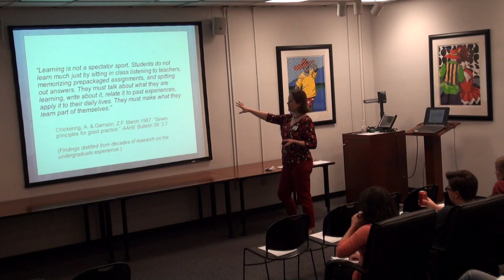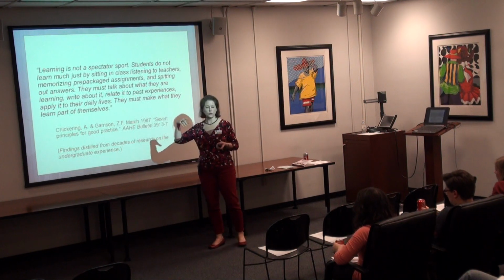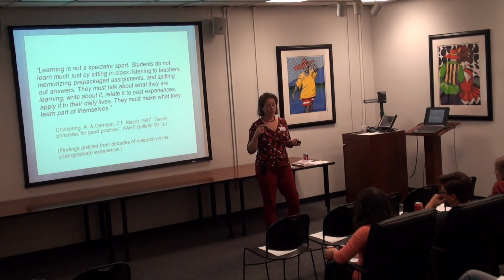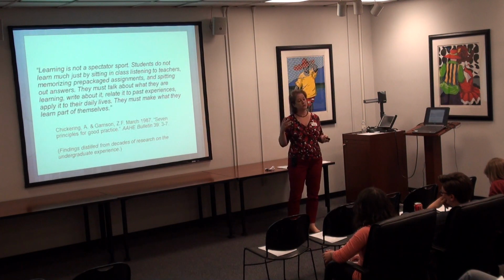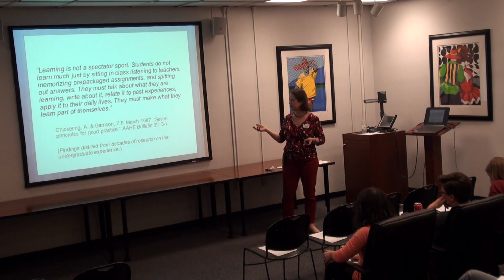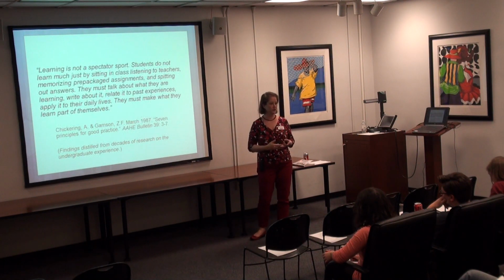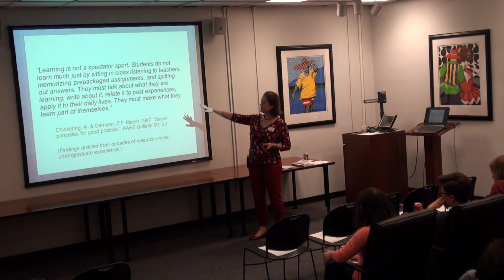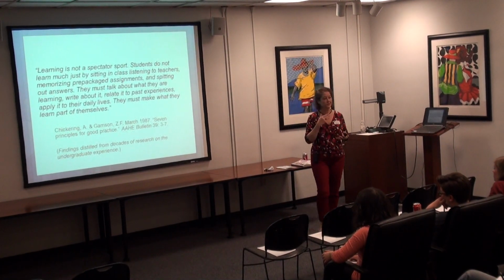The second quote is a little bit longer, but it's from these two people that really kind of developed what we understand as good teaching practices. It's called the 7 Principles for Good Practice. And this was developed in the 80s, but it's still very much in use today. And basically they're saying that learning is not a spectator sport. Students don't learn by just sitting there.